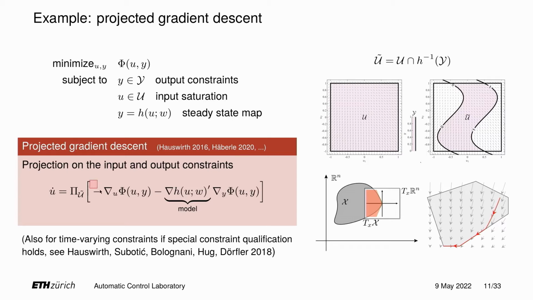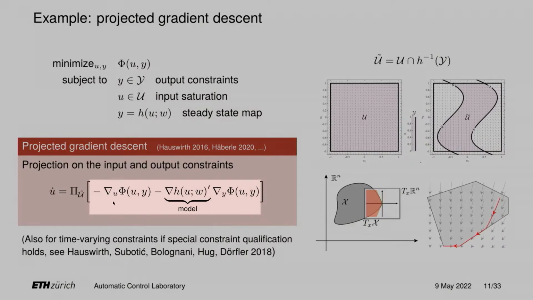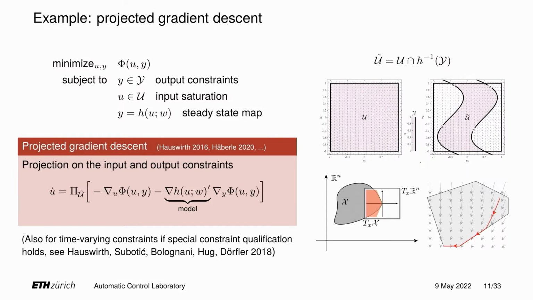The gradient contains the derivative of the cost function with respect to the input, the derivative of the cost function with respect to the output, and the sensitivities, the input-output sensitivity of the system. If you look at the entire expression, this is the only piece where the model information enters into play. So that's the key point that you need to know about the system: this relation between the input and the output in a marginal way, in a local way.